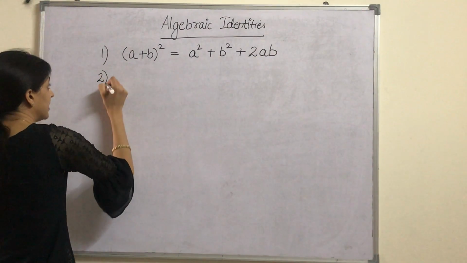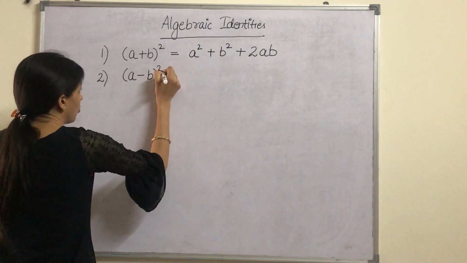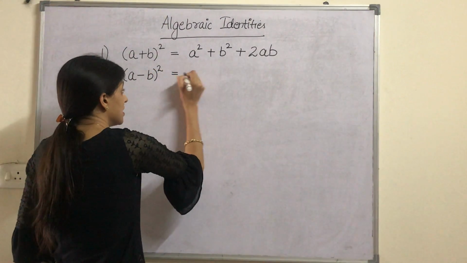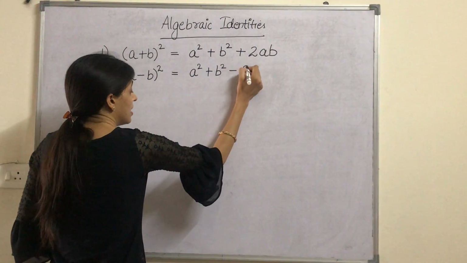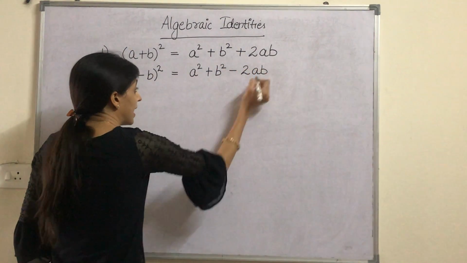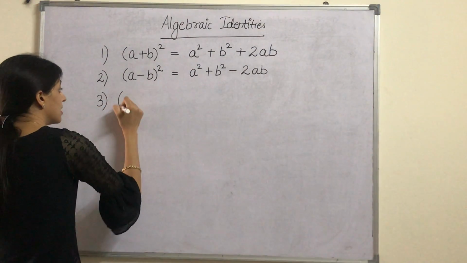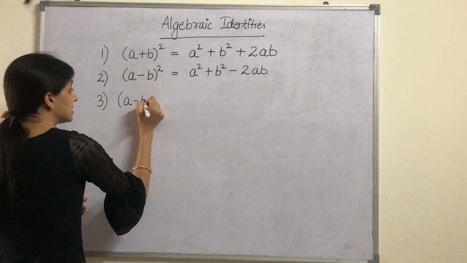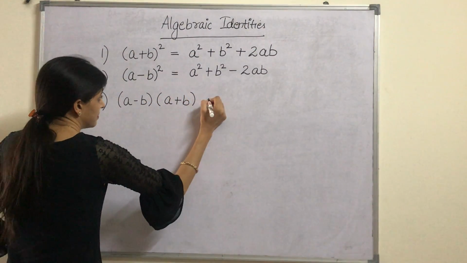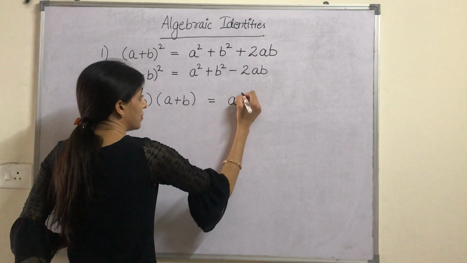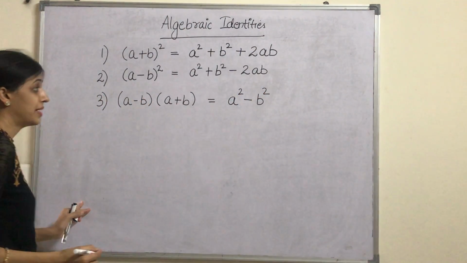The second identity is a minus b whole square. This is a square plus b square minus 2ab. The third identity is a minus b multiplied by a plus b. Then the answer will be a square minus b square.